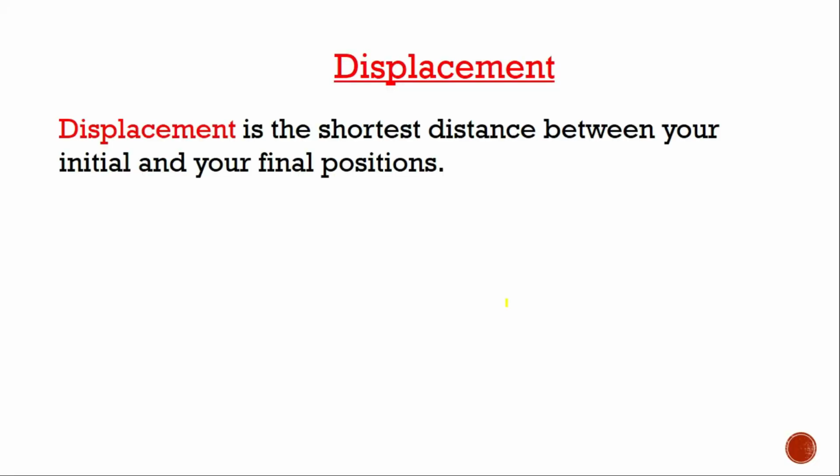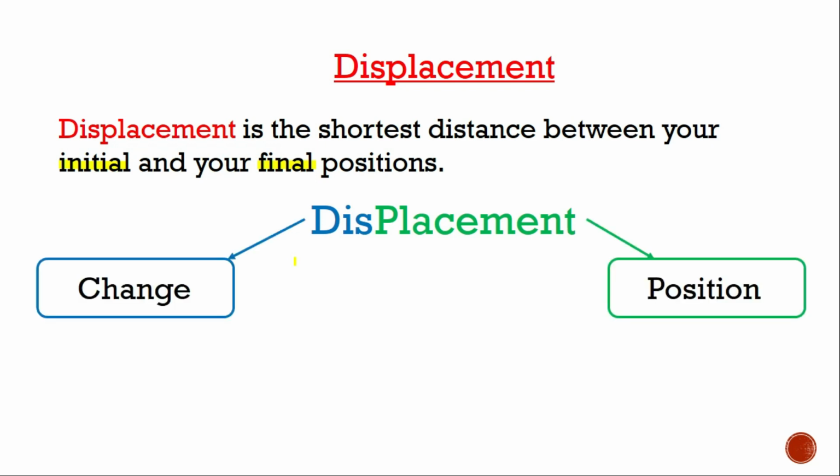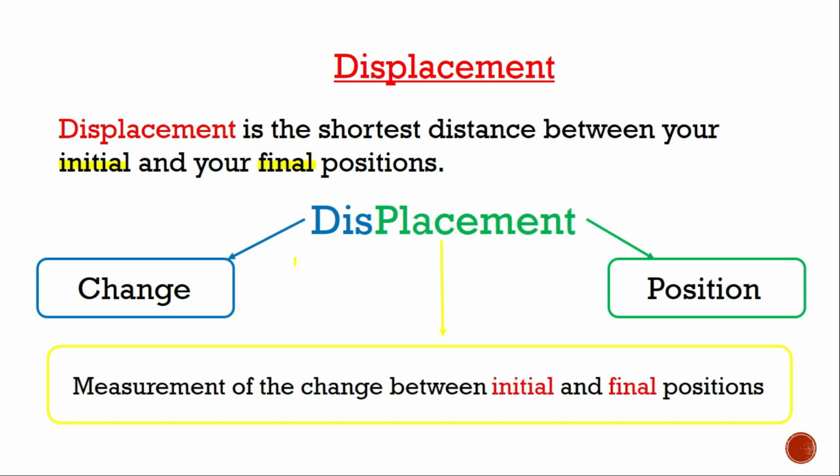Displacement simply refers to the shortest distance between your initial and your final positions. And that's why the word displacement, where dis means change and placement means your position. So displacement is basically the measurement of the change between your initial and your final positions.